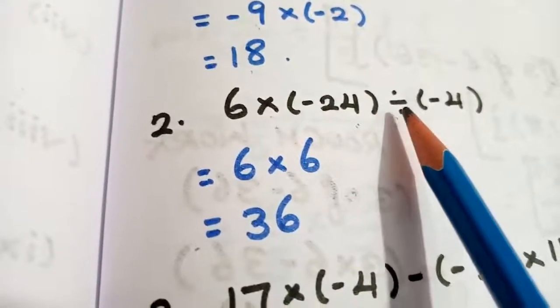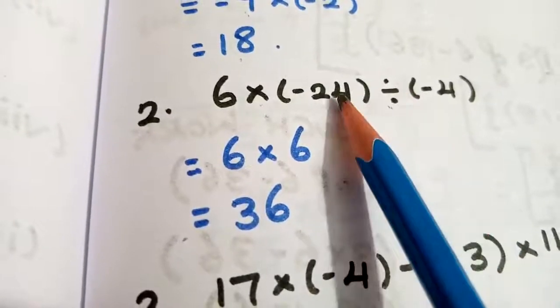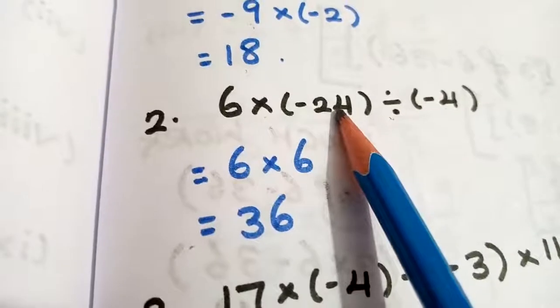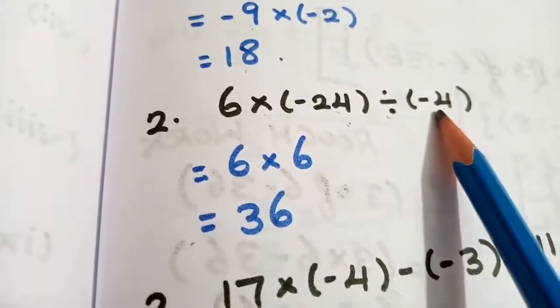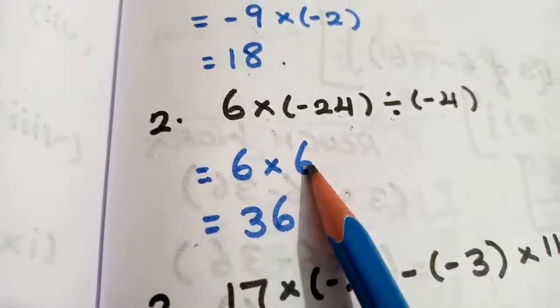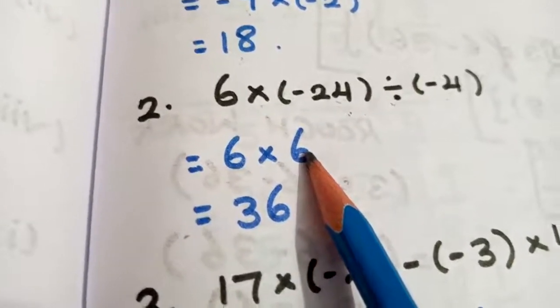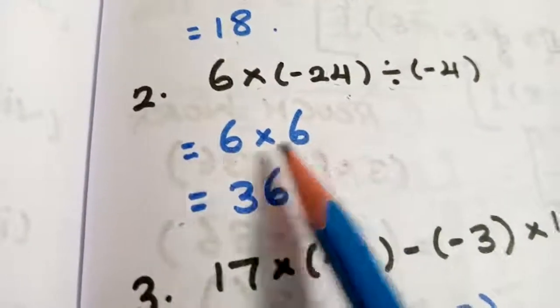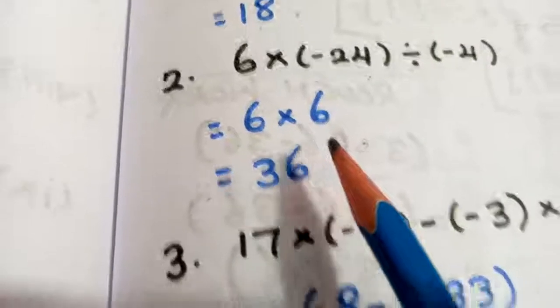According to the rule, first you calculate the division part. Near the division, you see the values minus 24 divided by minus 4. If you divide, you get 6. All these calculations you can try in your rough work. After solving this, you get the answer 6 into 6, 36. The values will get reduced.